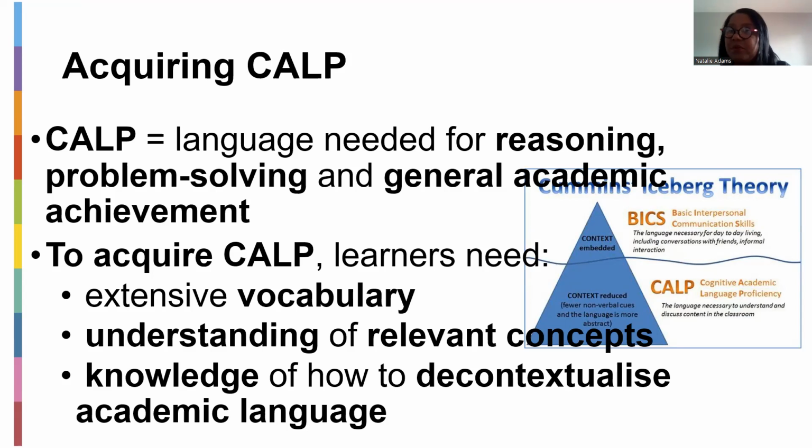And that is really what we want from our learners. So CALP would be the language necessary to understand and discuss content in the classroom. So you're not going to get that via BICS. BICS would be just knowing the basics, the basic grammar rules. CALP is where there are fewer nonverbal cues. It's more used when the student needs to do problem solving and critical thinking, etc. Okay.